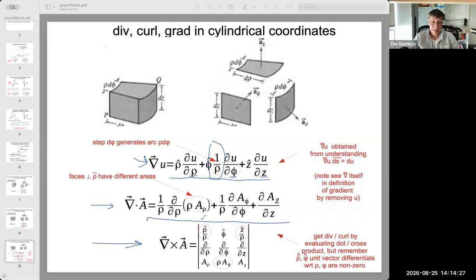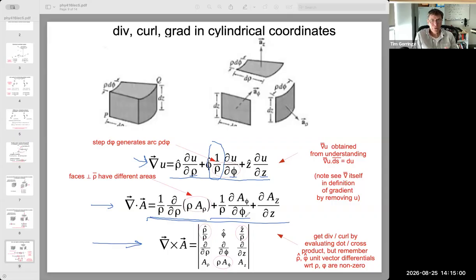At least it's more complicated for the rho term and the phi term. And the origins of that complication are really related to, in a sense, the shape of a volume element, the shape of the surface that surrounds a volume element in cylindrical coordinates.